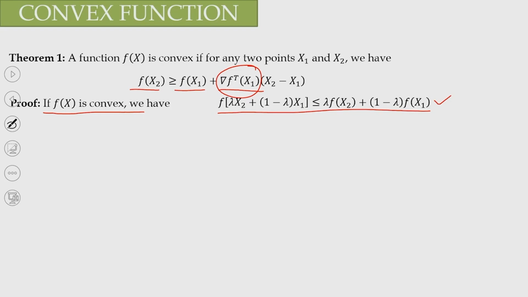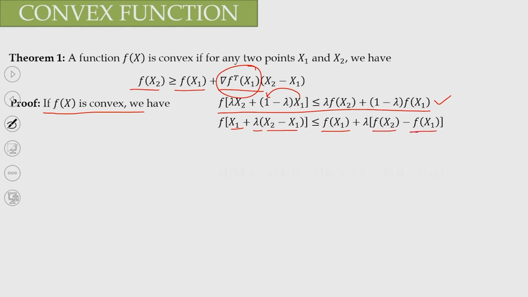Okay. Now, if we rearrange this, I can write it like that: f of (x1 plus lambda (x2 minus x1)) is less than or equal to f(x1) plus lambda (f(x2) minus f(x1)).